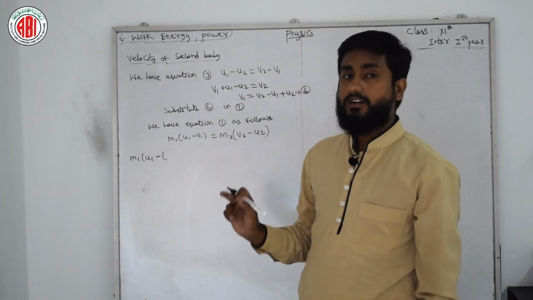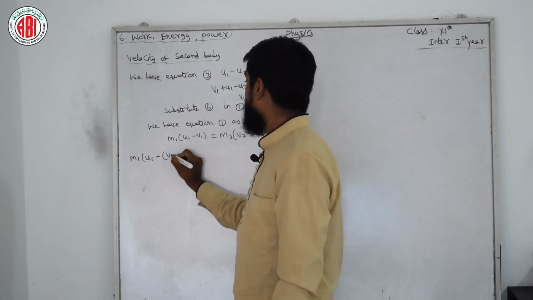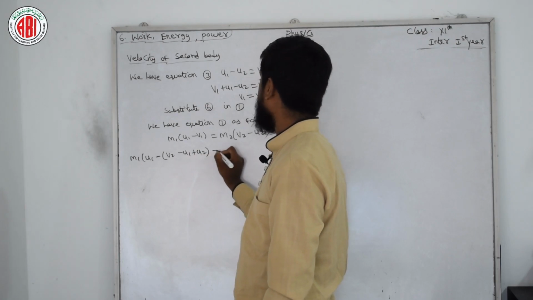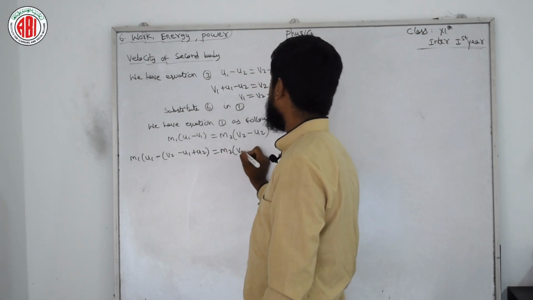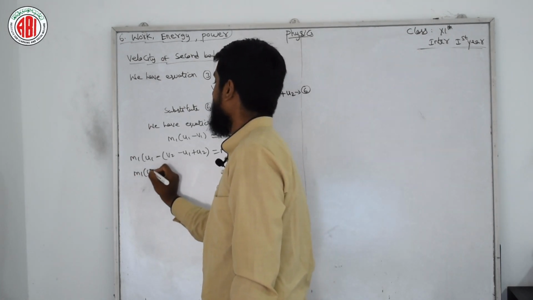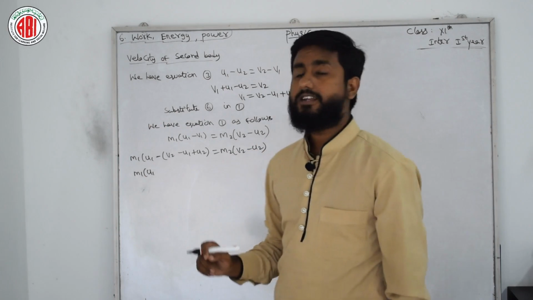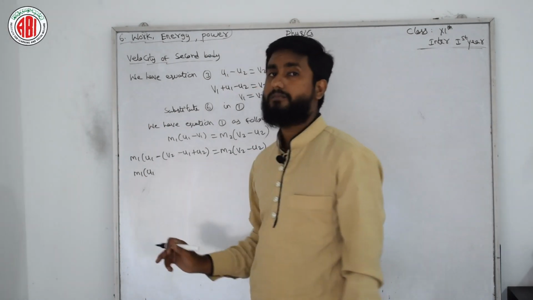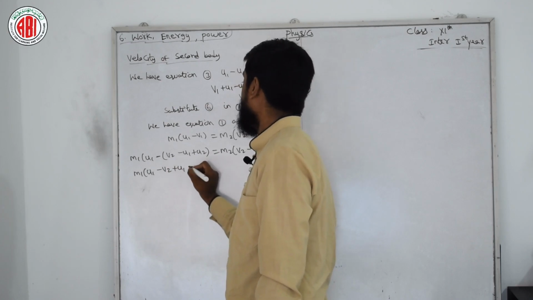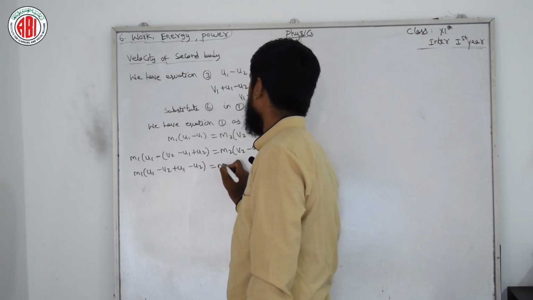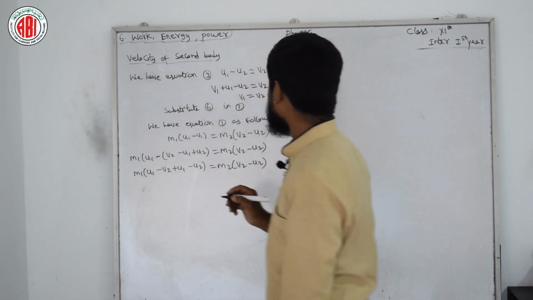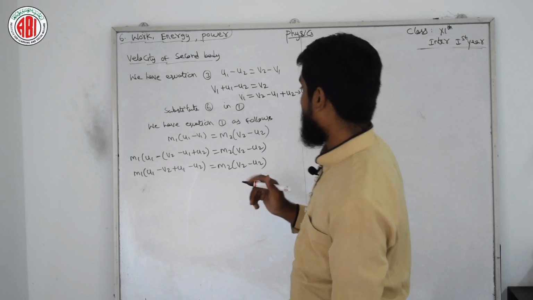So here I am writing v2 minus u1 plus u2 is equals to m2 into v2 minus u2. Here one extra step is going, because we need to completely open this bracket with the help of minus. So it will become minus v2 plus u1 minus u2 is equals to m2 into v2 minus u2. Okay, I hope I am going correct.